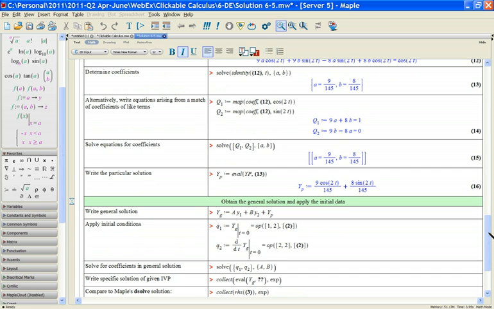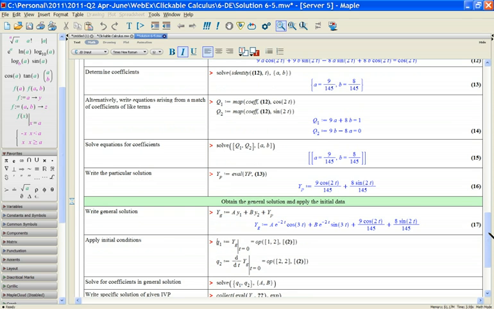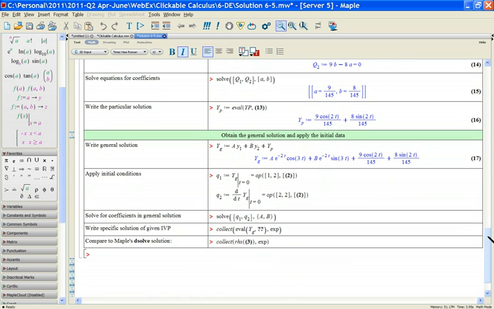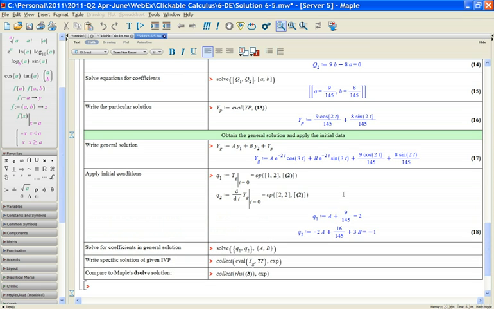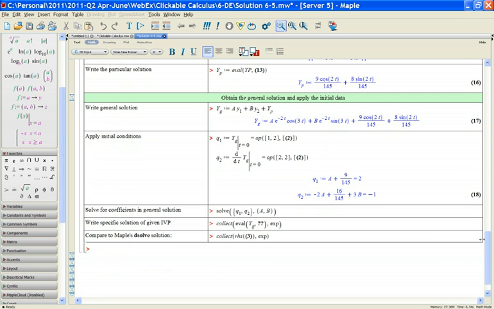Well, we have the particular solution. We can now write the general solution. That introduces two more arbitrary constants. They're determined by the initial data. Now, these two equations are a result of applying the initial data, and all of this coding here just means that I can hit the enter key and it will reach up and grab the information where it was listed at the beginning, and I don't have to go up and down and type numbers in.